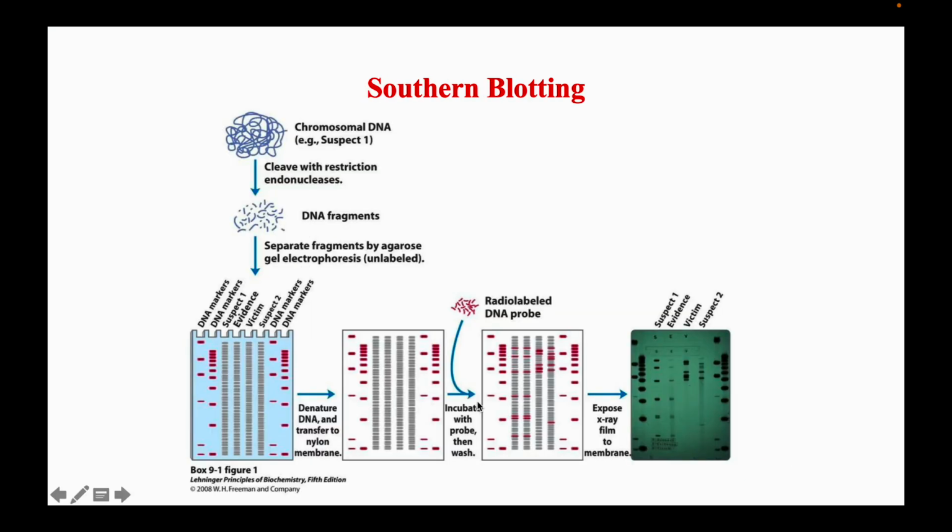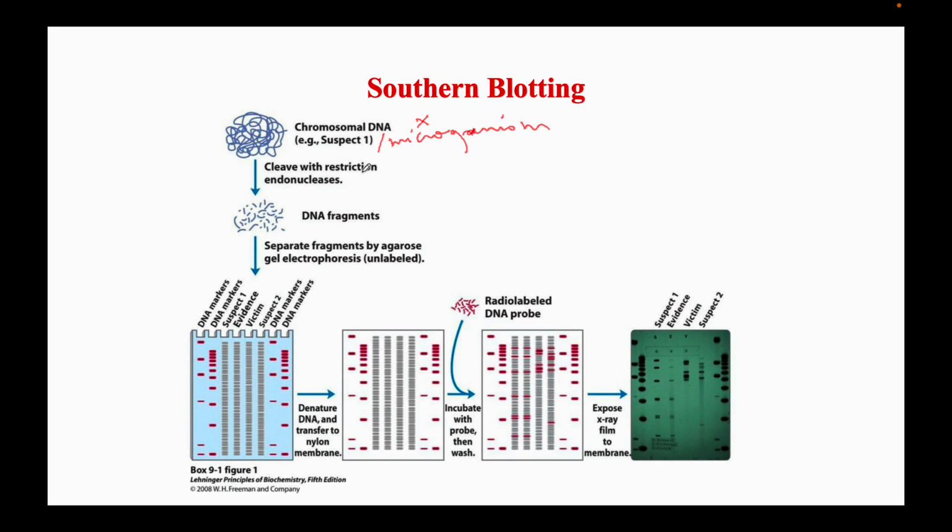Then there is Southern blotting. In Southern blotting, we have a DNA, chromosomal DNA. Here the example given is suspect 1, or we can have some microorganism, some X microorganism. We want to identify if this chromosome belongs to that microorganism, right?